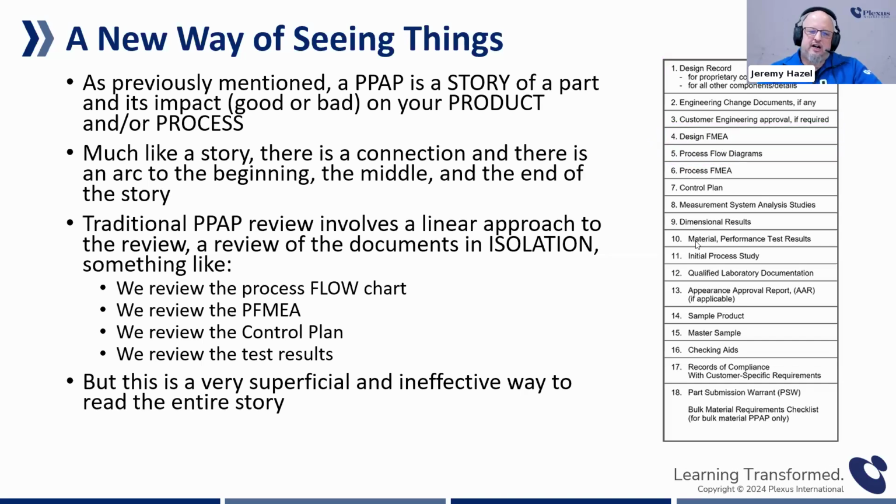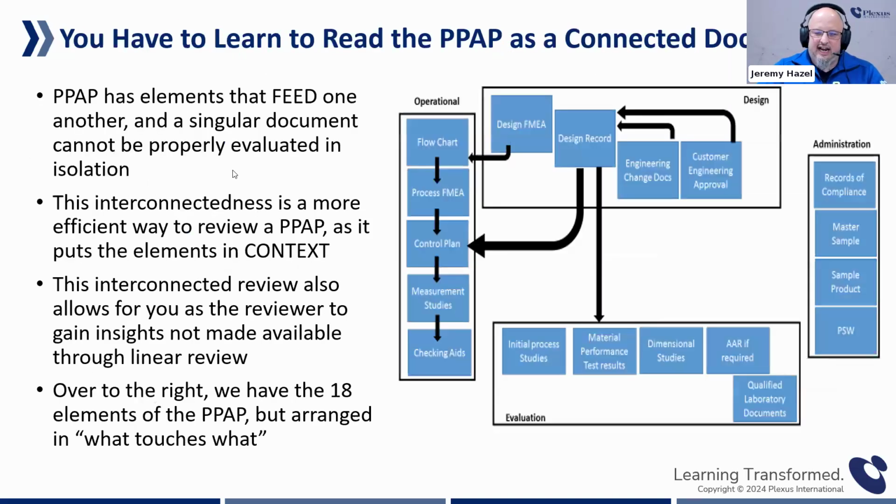It very much becomes an 18-part check of things in isolation. Okay. This isolation is actually a majority of the problem. So this leads to inefficiency because what we don't recognize is the interconnectedness of things.